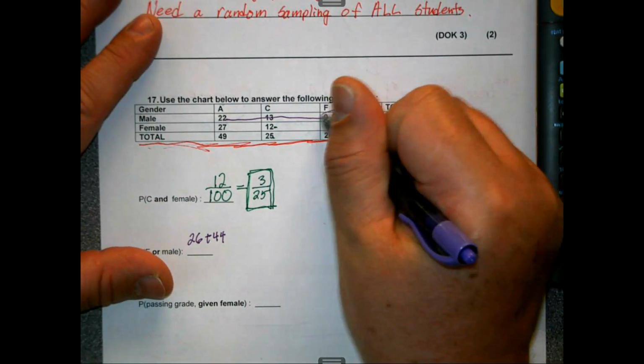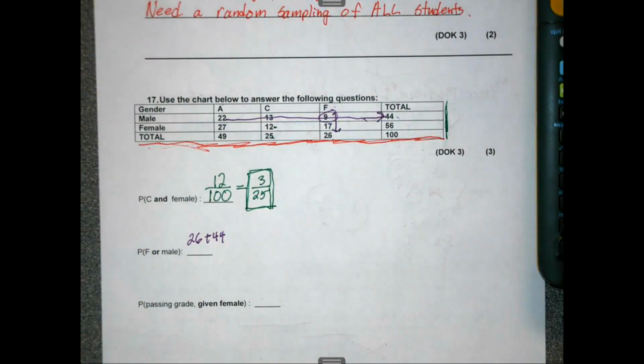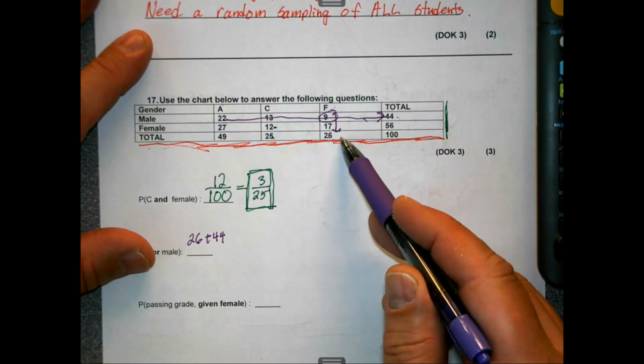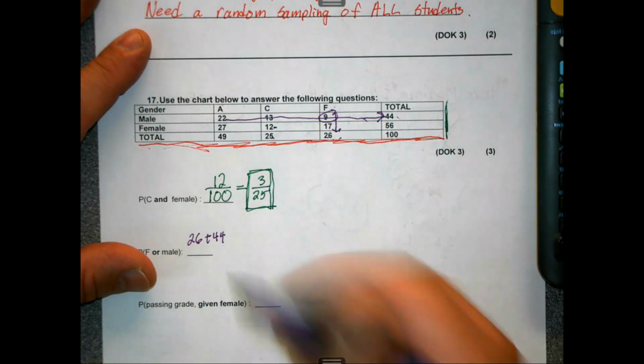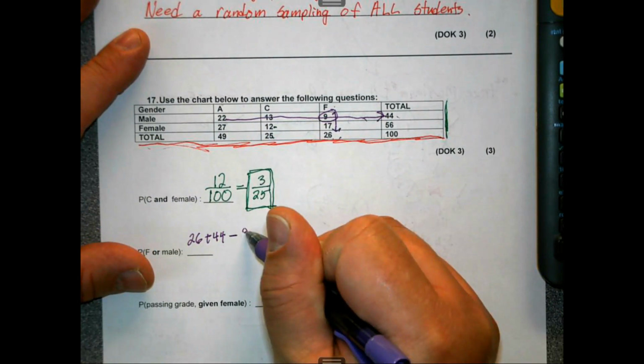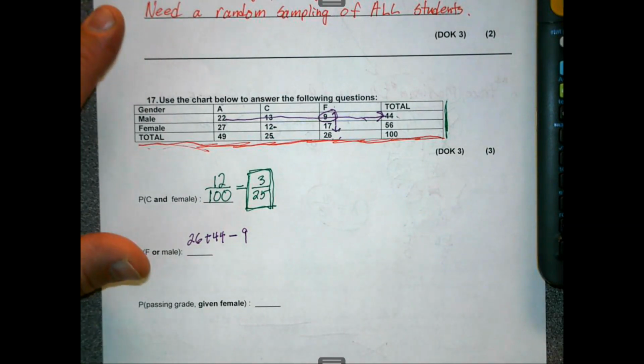What happened with that 9 is we actually counted it twice, didn't we? We counted it once going down, then we counted it going sideways. So we have to take out one of those 9s.